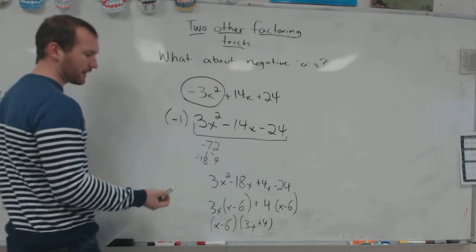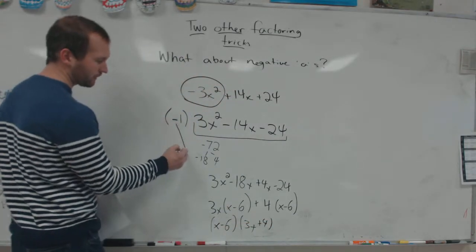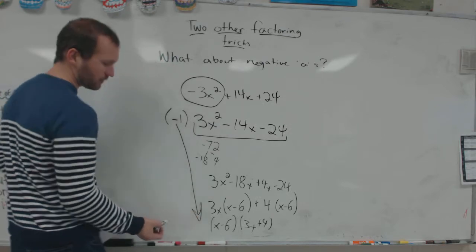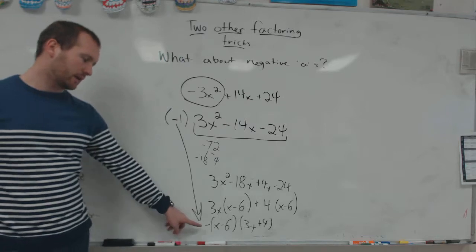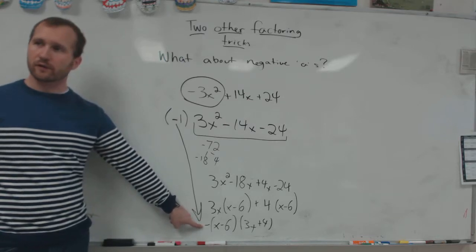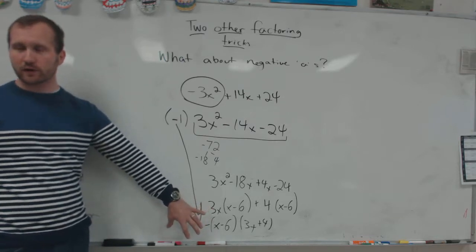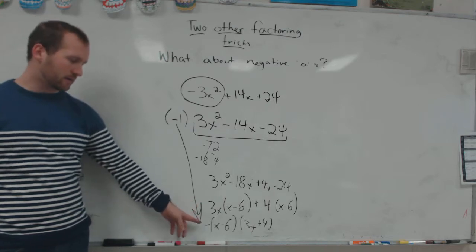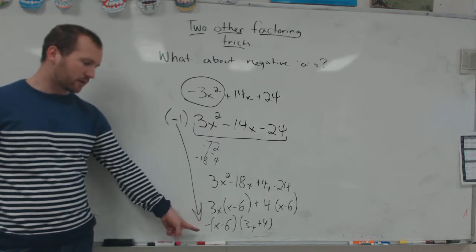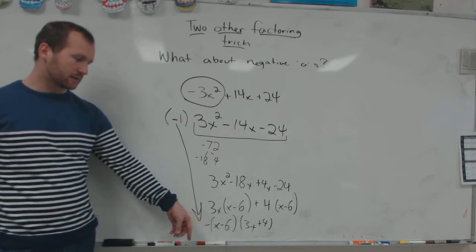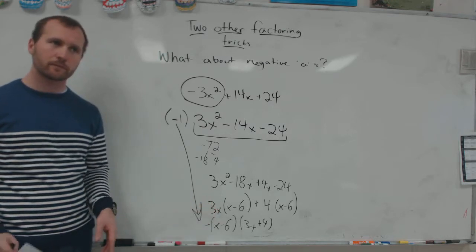And I'm not going to forget my negative like I did before. With the a, we need a negative out front. And usually you would just write it as a negative out front. You could write negative 1 in parentheses, that's totally fine. This is just a little bit simpler. So it's just the negative of x minus 6 times 3x plus 4.